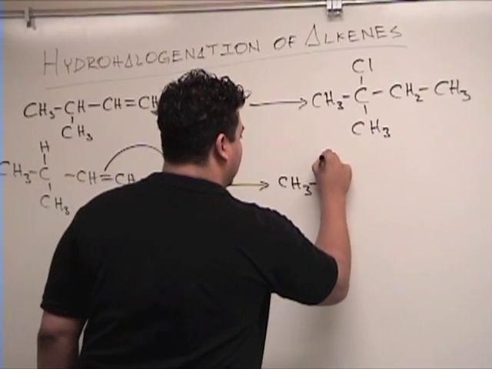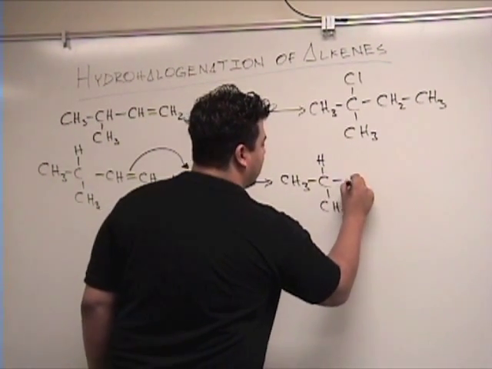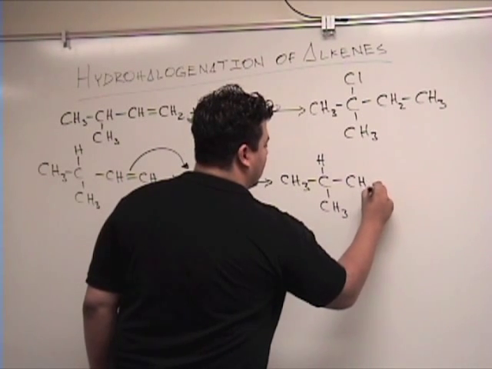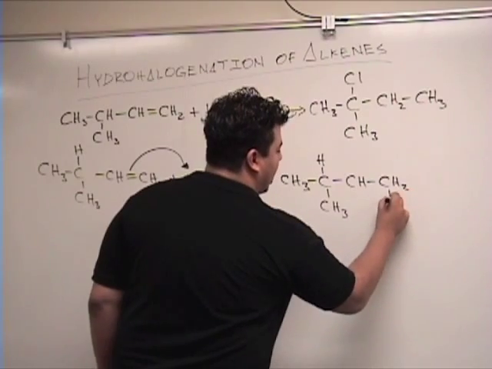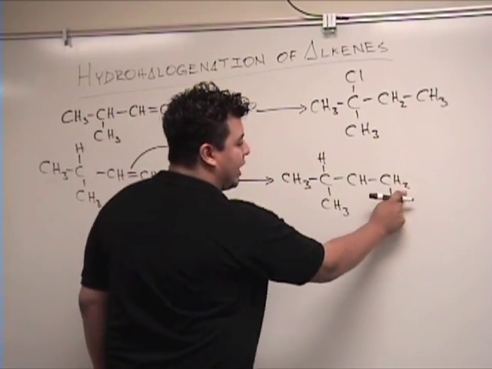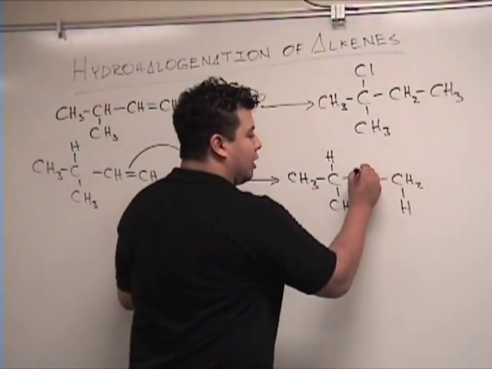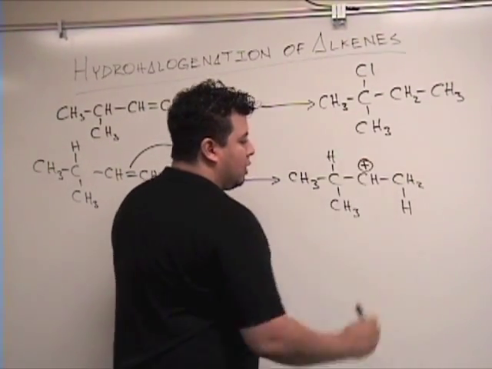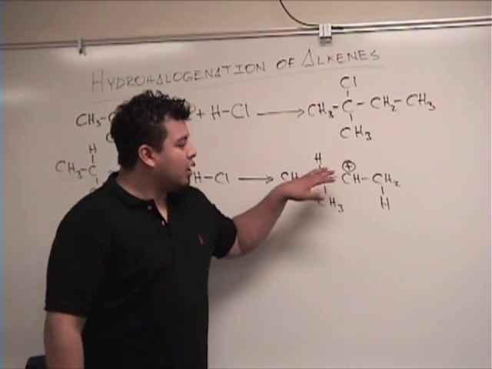CH3, C, H up there, CH3 here, CH, CH2. And the hydrogen attaches to the one that has 2, not the one that has 1. Now we know this is going to be a carbocation. Now we're going to get into the stability of carbocations.